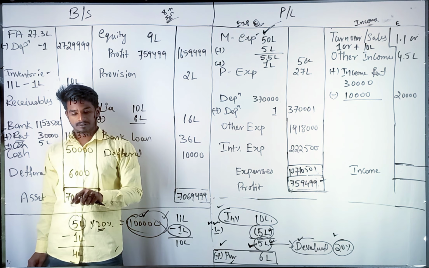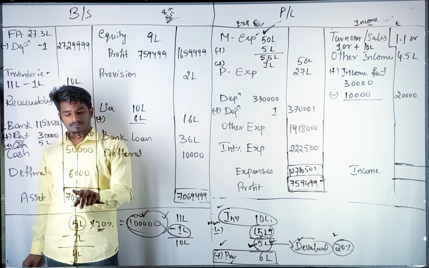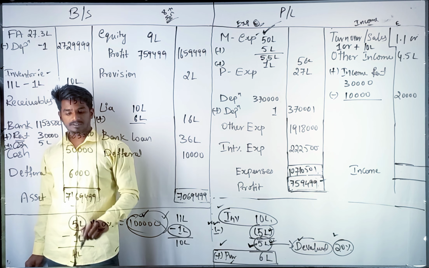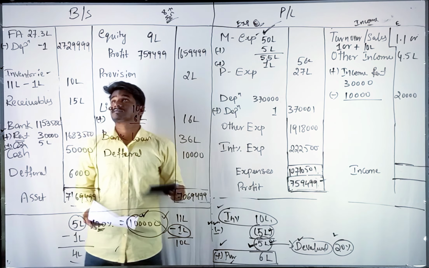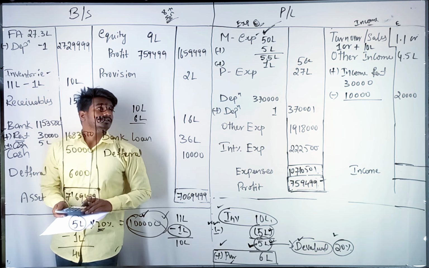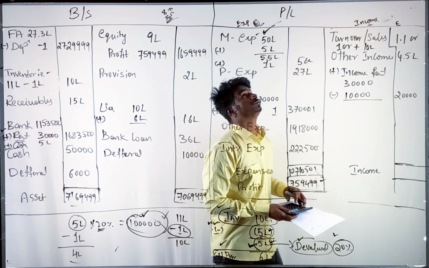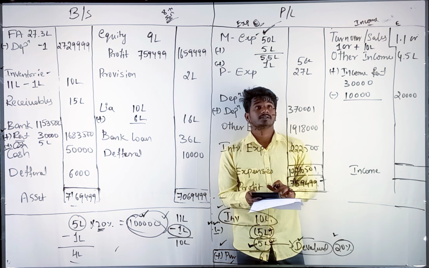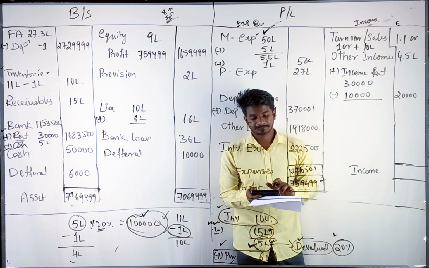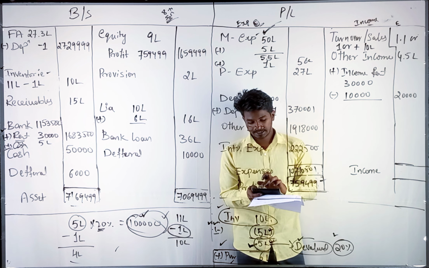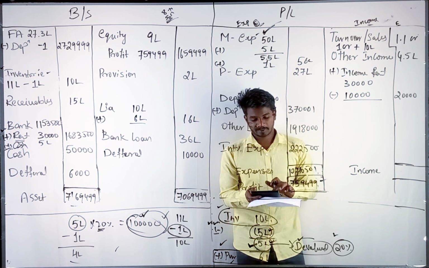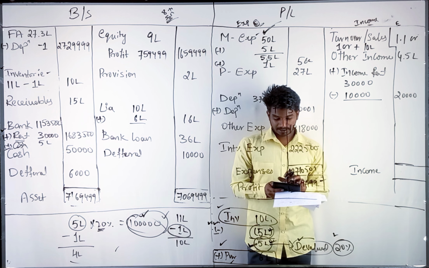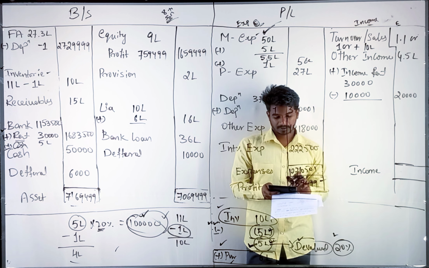Now 69,000. This comes out to be, shall we total this? No, first we should do P&L. 56 lakhs, 27 lakh, 3 lakh 70,001, 19 lakh 18,000, 2 lakh 22,500.